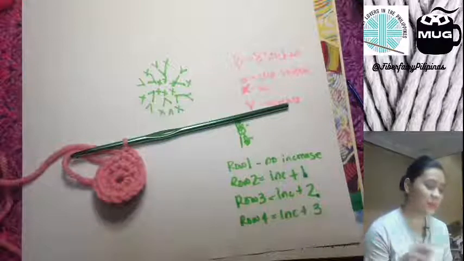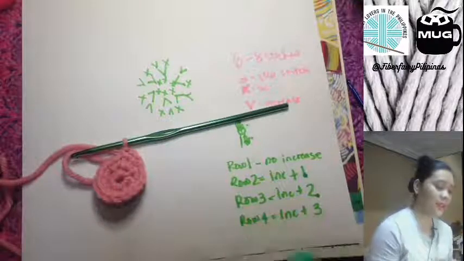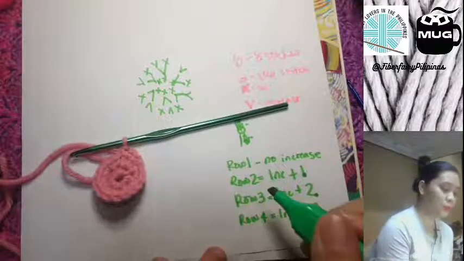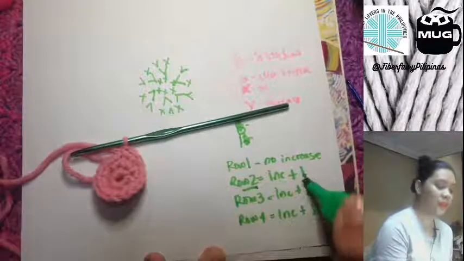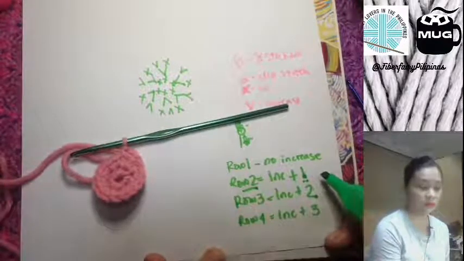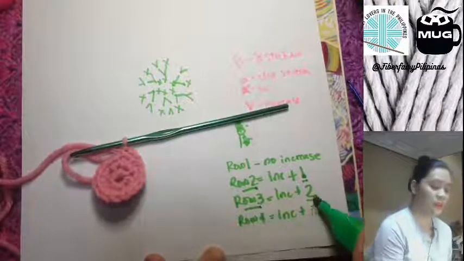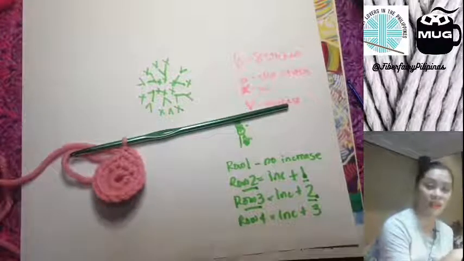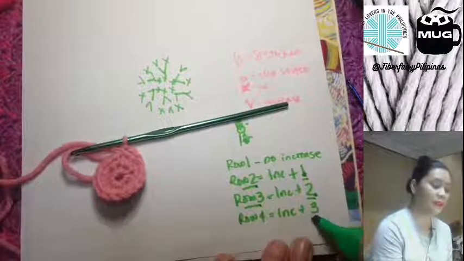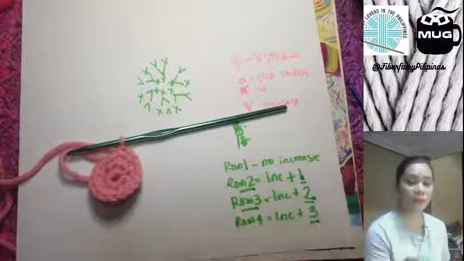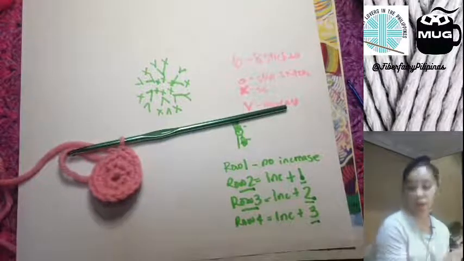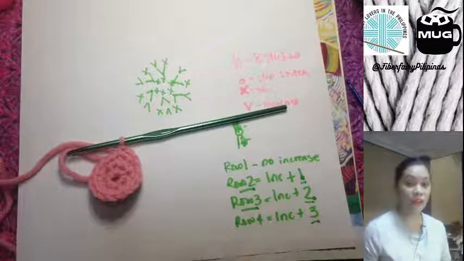Lalo yatang mas magulo. Like for example, on what I have written here, diba, row 2 siya. So, 1 yung increase, parang row 2 minus 1. Ganun. Row 3, dalawa yung increase. The number lower than it is the number of single crochets or whatever number of crochets you will have to add on it. So, yun yung nangyayari.